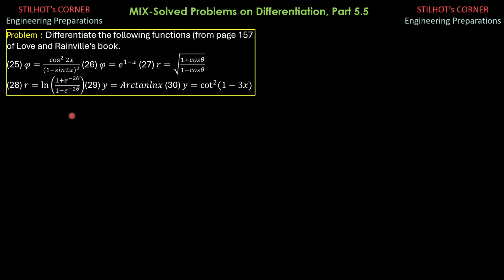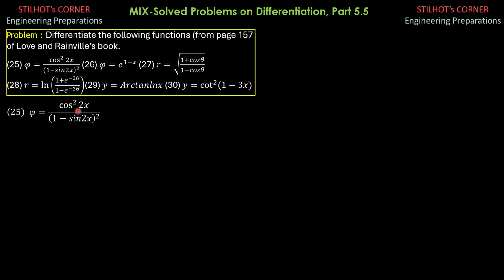So 25, we have chi equals cosine square of 2x over 1 minus sine of 2x quantity squared. We can differentiate this as a derivative of a function, but I'll first use identities and algebra to simplify this, although we can differentiate this right away and arrive at the same answer.